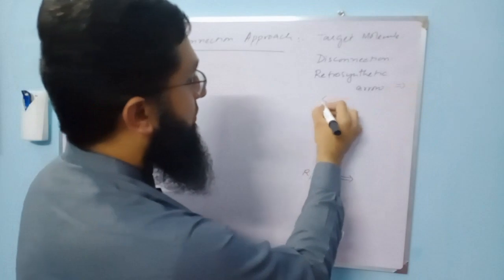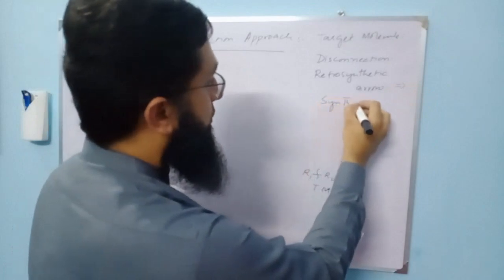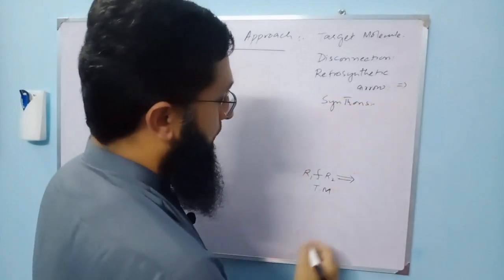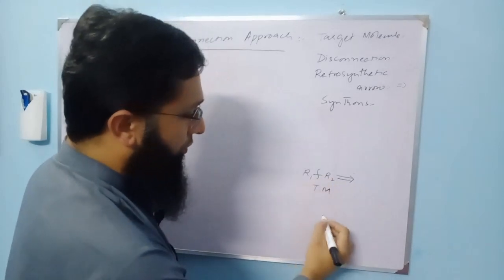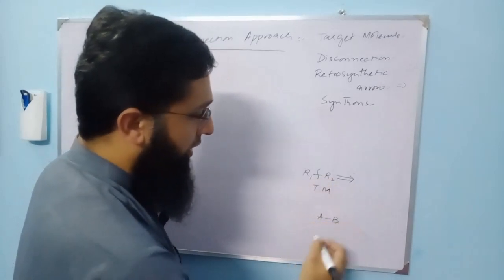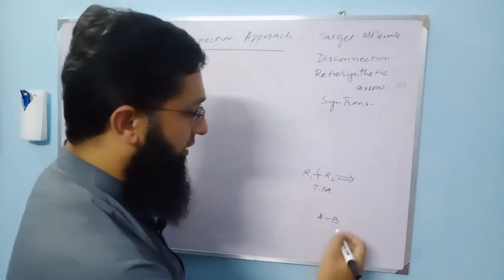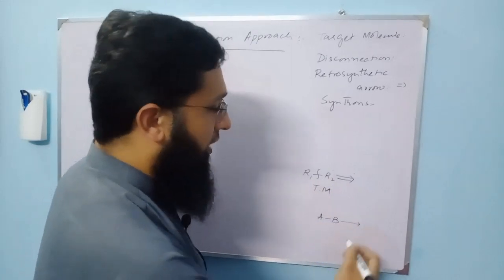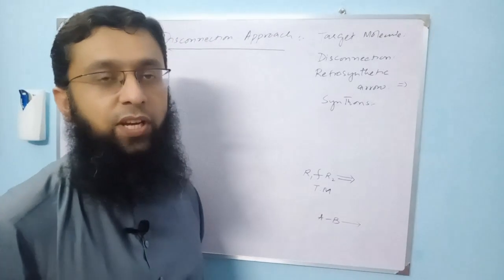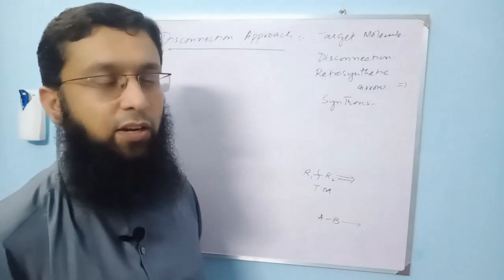And then next term is synthone. When we disconnect a molecule, for example, we have studied previously, if A and B are joined together and they disconnect or undergo fission reaction, we have two types of fission, homolytic and heterolytic.